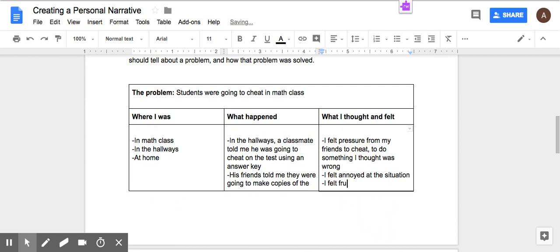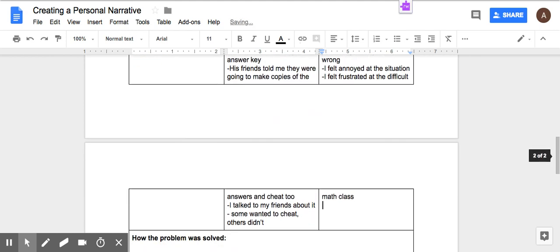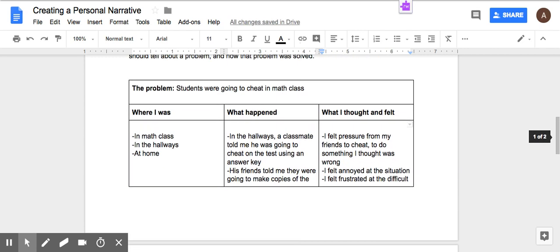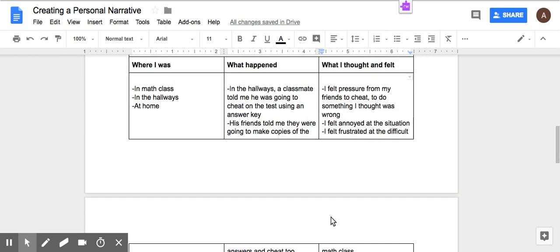I felt frustrated at the difficult math class. Most of all, I think I felt confused. I kept wondering, what is the right thing to do? So what I have here so far is the problem, students are going to cheat in math class, where I was, what happened, and what I thought and felt.